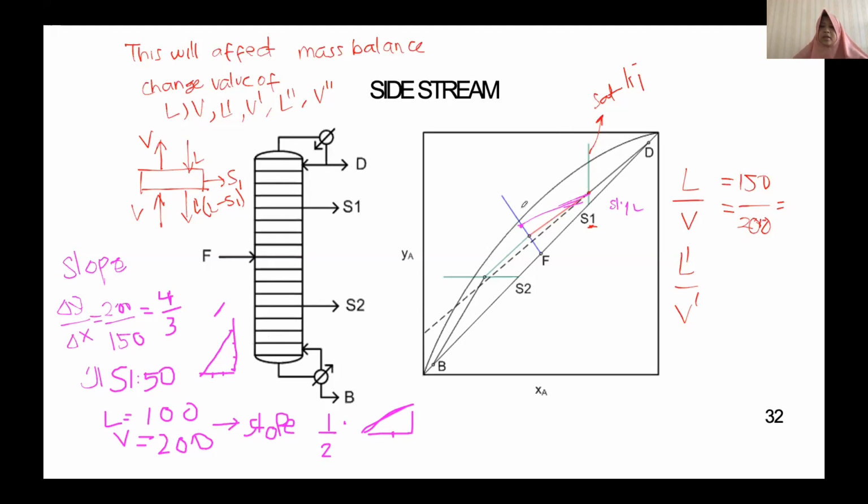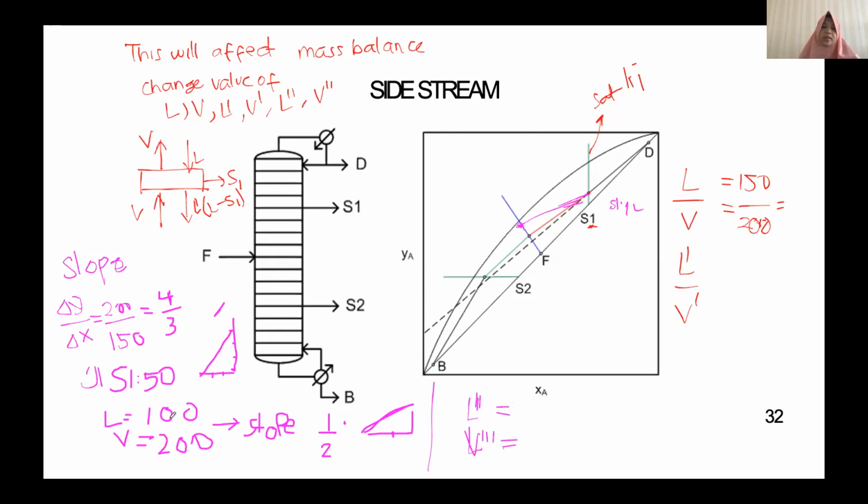Okay, now at this point there is a feed. Let's say, what is the phase of the feed? If it looks like this, partial, so it would be vapor and liquid, right? Because it's vapor and liquid, maybe we can add the new L dash and V dash, using the mass balance.